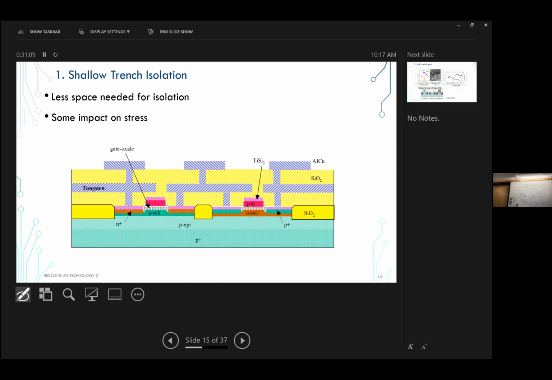Instead of that, nowadays, it is lithographically defined. So what happens? You dig a trench between the transistors and deposit silicon dioxide.